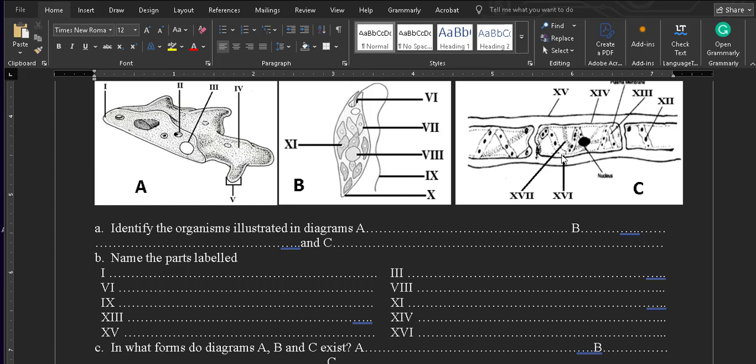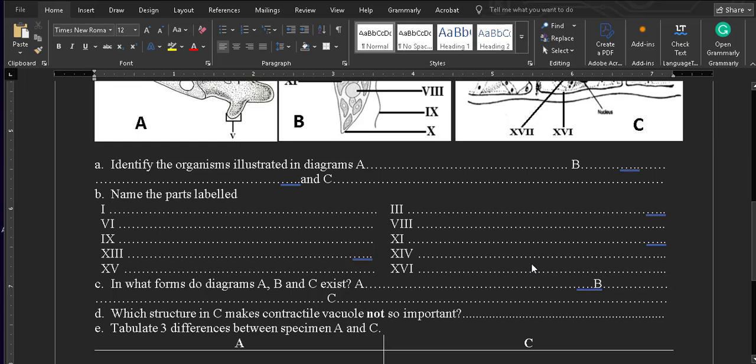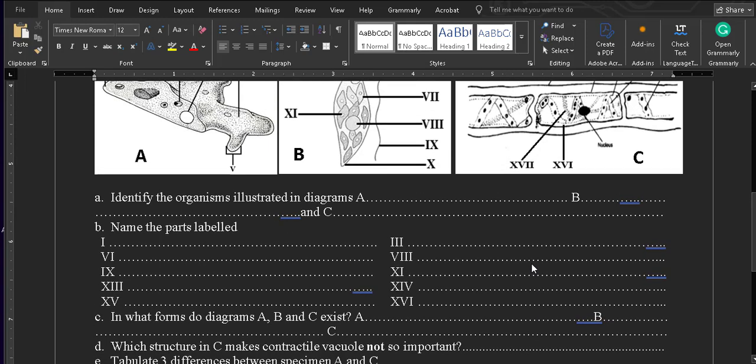We move from the cell wall, and then we are looking at the cytoplasm. Right. Okay, so that's what we have. The answers here can be a little debatable because of the quality of the diagram anyway. So some can go for cell wall for XVI. Well, with this, it can be considered.